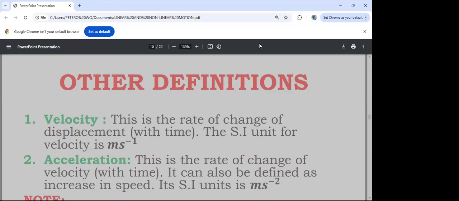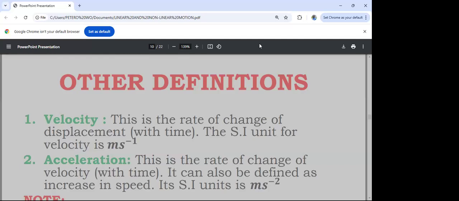Otherwise, going back to our lesson, velocity is defined as the rate of change of displacement with time. Velocity is like speed, but the difference is that this is speed in a specified direction.